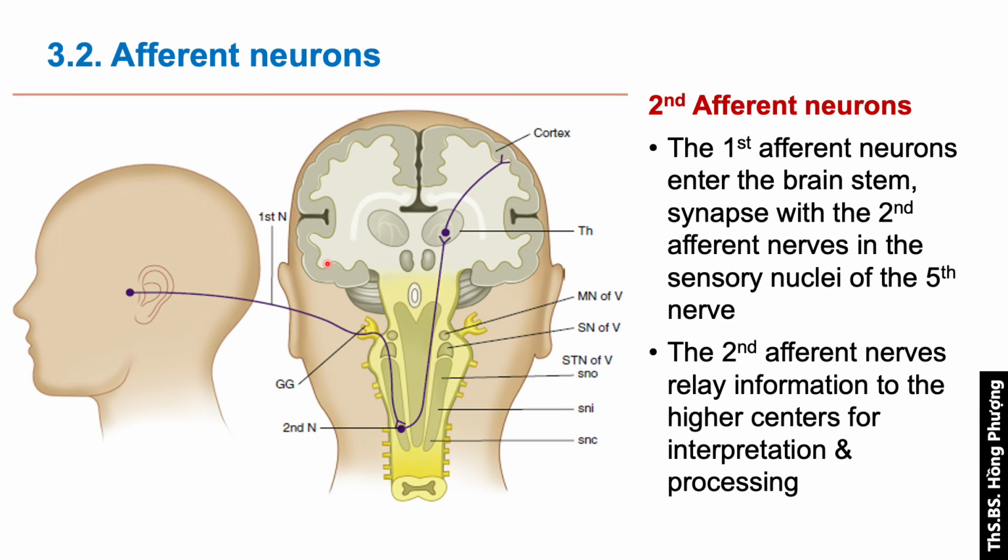When the first afferent neuron enters the brainstem, it synapses with the second afferent nerves in the sensory nuclei of the fifth nerve. Then the second afferent nerve relays information to the higher center for interpretation and processing.